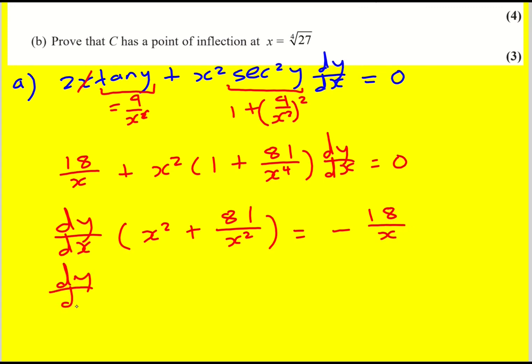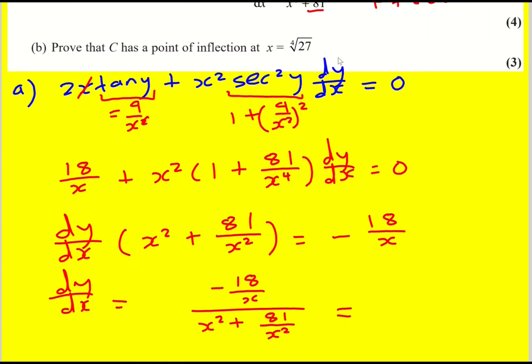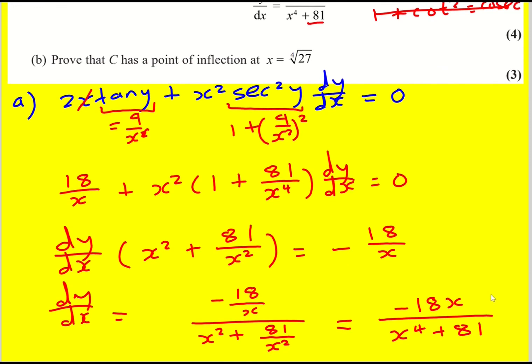And therefore dy by dx is minus 18 over x all over x squared plus 81 over x squared. I'm just going to times top and bottom by x squared. You can see in the final answer that 81's by itself, which will give me minus 18x over x to the 4 plus 81. And that is what it was looking for.